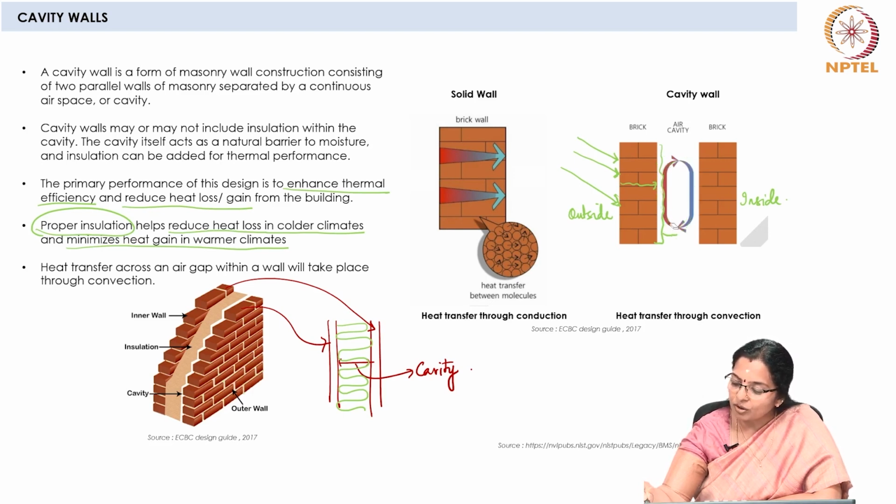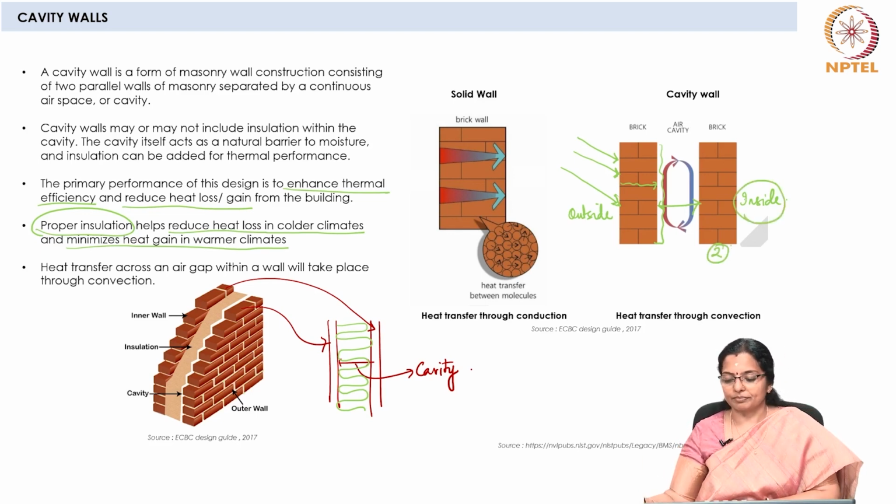And based on the thermal capacity of what is in between these two walls, this wall, the second wall, will get less warm or will get less cool, keeping the inside comfortable.